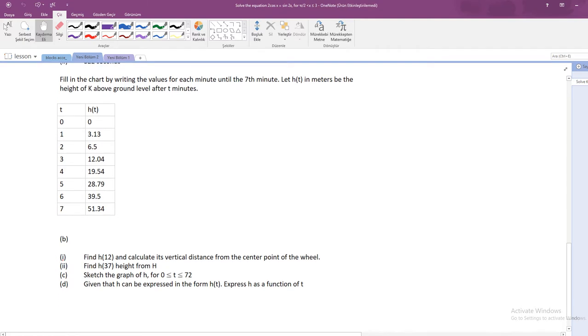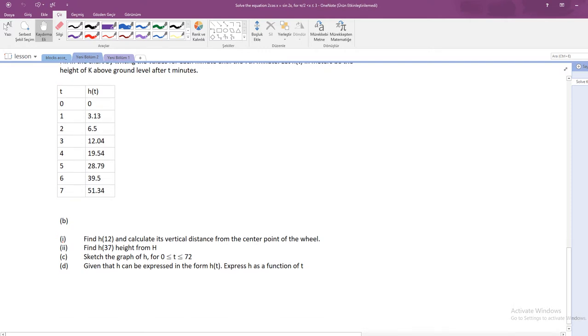We will create an equation which expresses h as a function of t, where h is the height and t is time, and find h(12) in the 12th minute and calculate its vertical distance from the center point of the wheel. Then we will be asked to sketch a graph, etc.